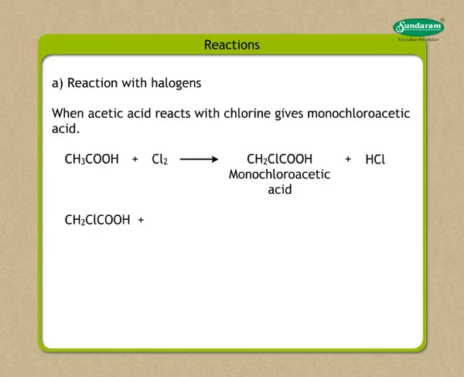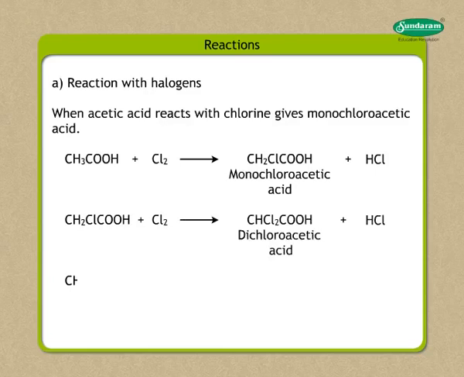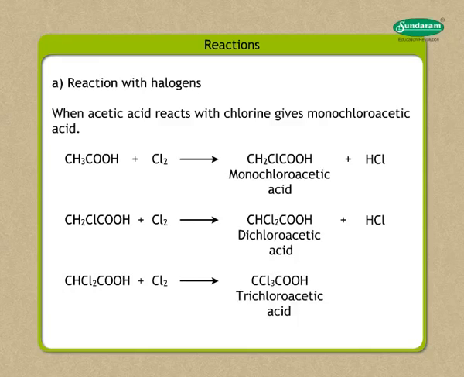CH2ClCOOH plus Cl2 gives CHCl2COOH, dichloroacetic acid, plus HCl. CHCl2COOH plus Cl2 gives CCl3COOH, trichloroacetic acid, plus HCl.